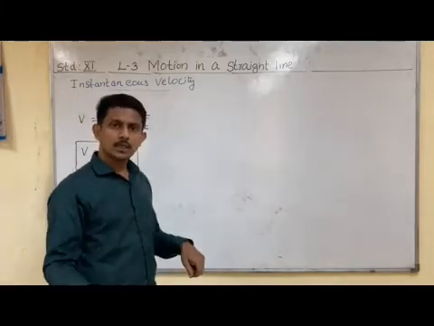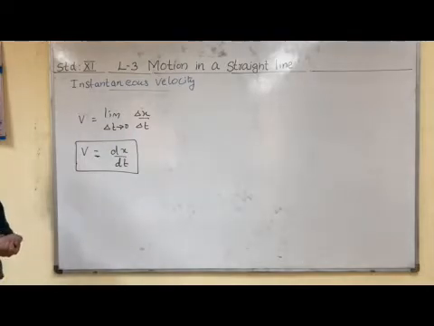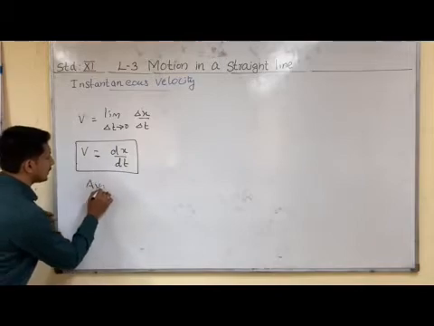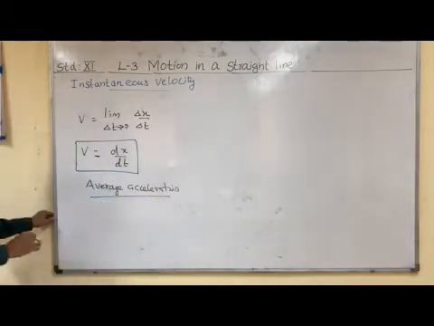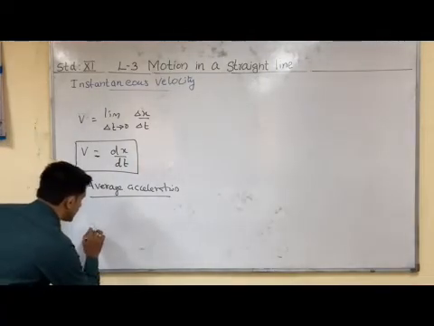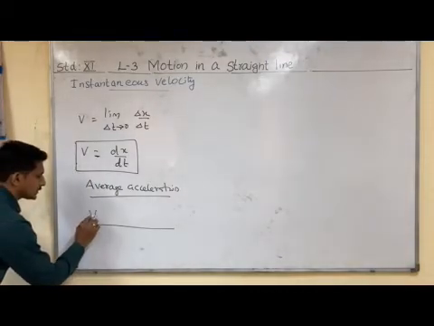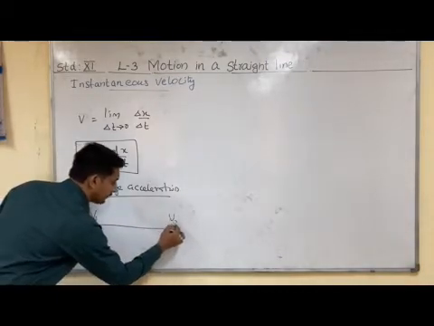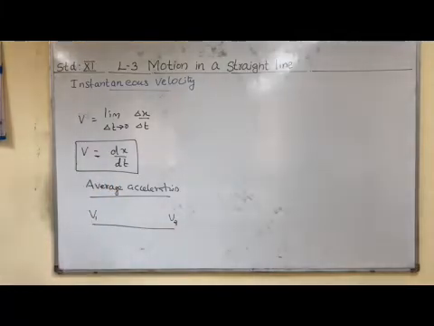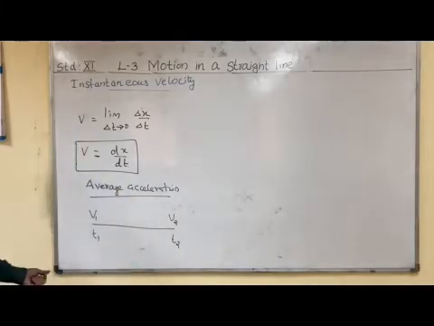Along with this, there are two more terms we are going to study, known as average acceleration and instantaneous acceleration. First we will discuss average acceleration. Suppose an object is traveling along a straight line. Its initial velocity is v1 and final velocity is v2, with corresponding time instants t1 and t2. The object is traveling along a straight path.